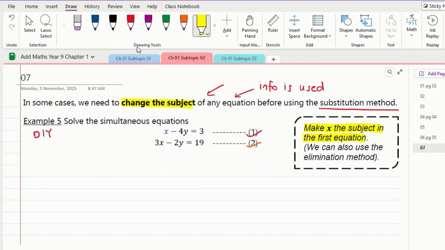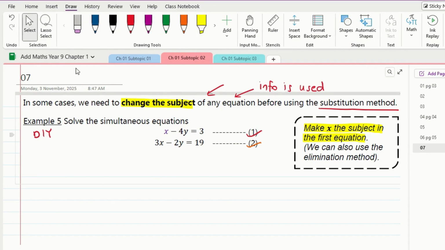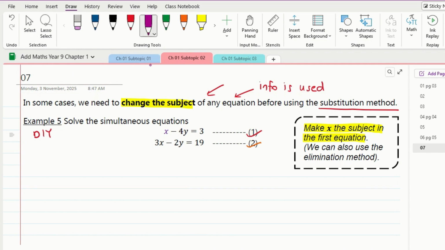An easy thing to do is to identify which term in both equations has a coefficient of 1, for example x. Here, x has 1 as the coefficient, so this is easy to make the subject. For the first equation, you move the negative 4y to the right hand side, which gives you 3 plus 4y.